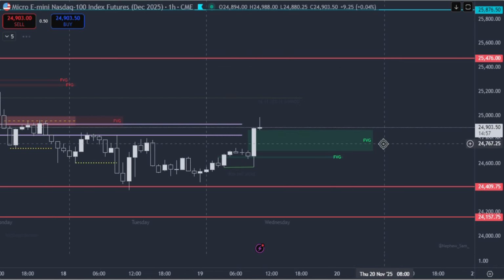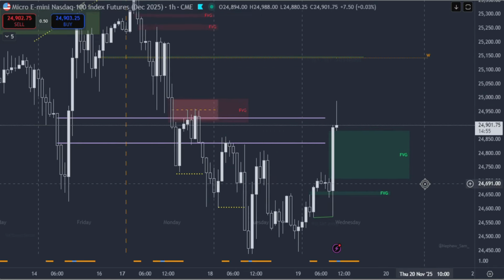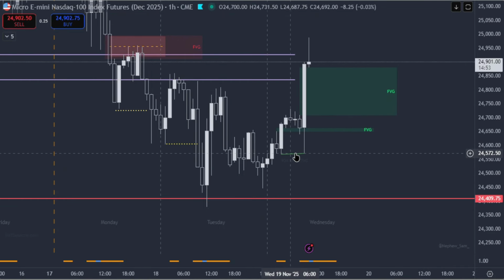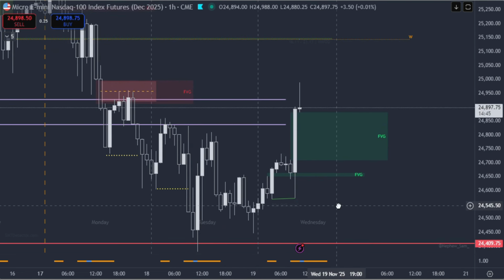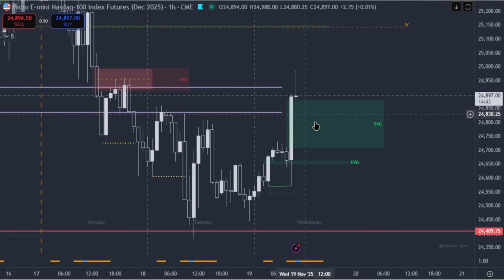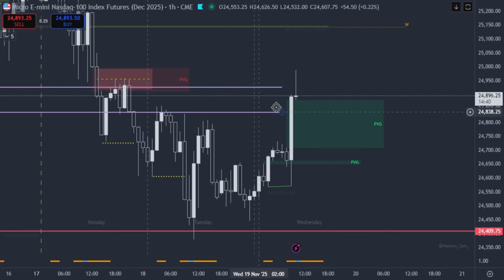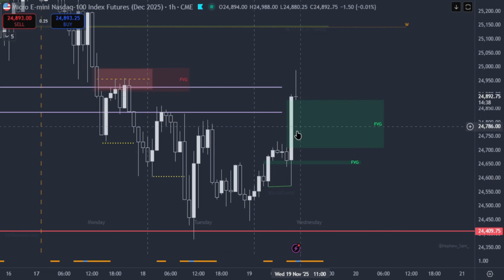So let's zoom back into our hourly time frame. Here we left these equal lows. We have another low here. We have another low here. So you have to learn to spot the liquidity.